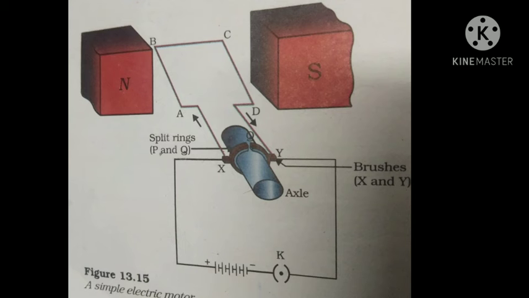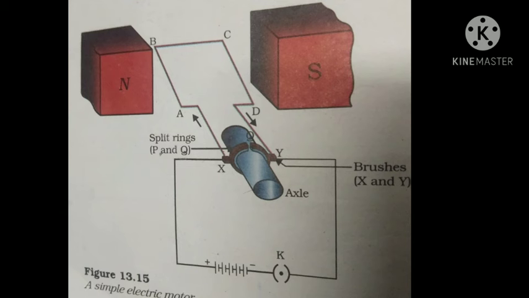Notice that the current in arm AB of the coil flows from A to B, and in arm CD it flows from C to D, that is opposite to the direction of the current through arm AB.